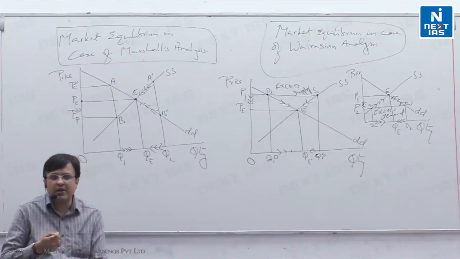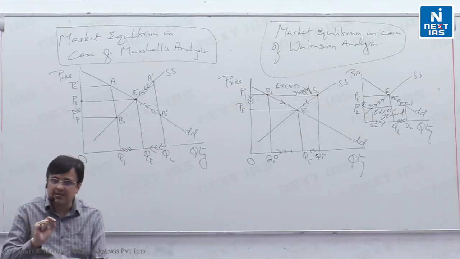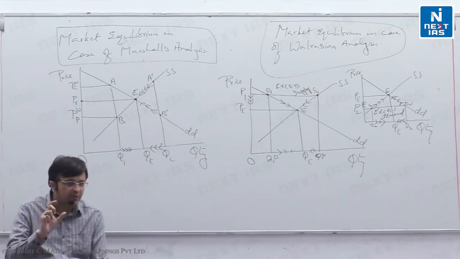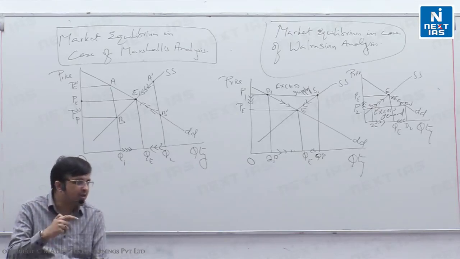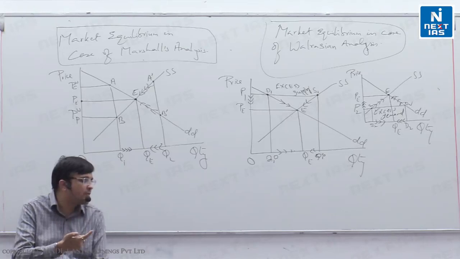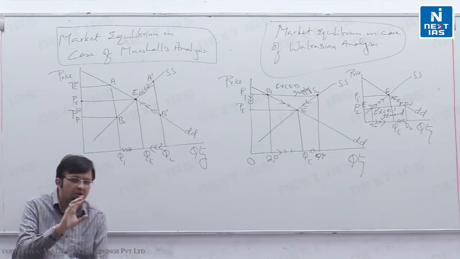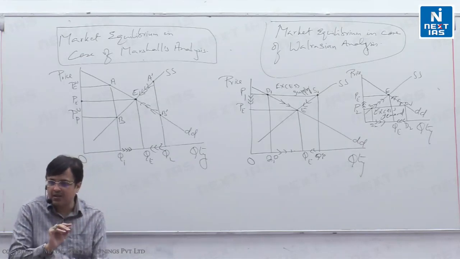A layman will write that supply fell, an economics student will write that supply contracted. So when price falls and supply falls, we call it contraction of supply. When price falls and demand rises, we call it expansion of demand. Similarly, when price rises and supply rises, we call it expansion of supply, and when price rises and demand falls, we call it contraction of demand. So use this language, it helps at times.